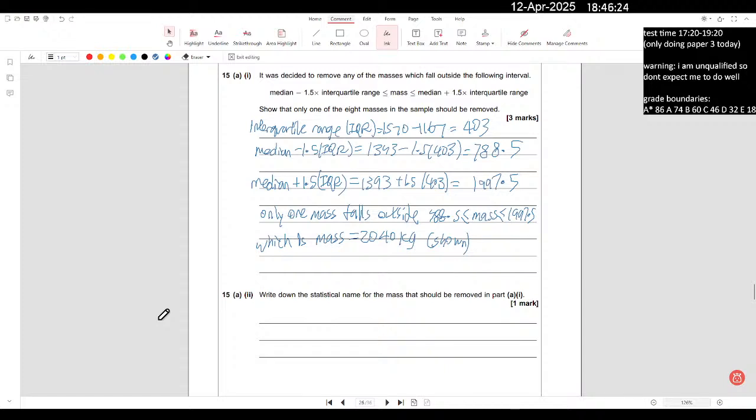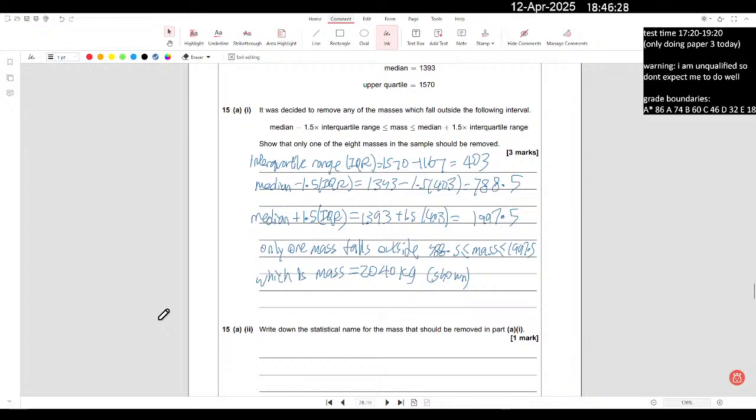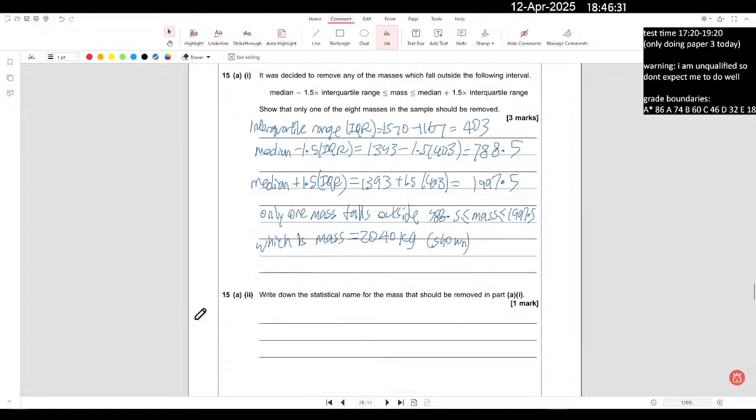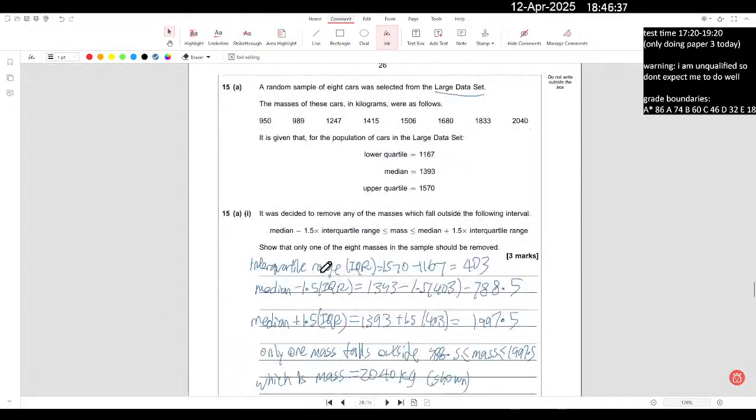Write down the statistical name for the mass that should be removed in part A1. The statistical name, like an outlier? Anomalous point? I mean, honestly, I think outlier makes more sense.